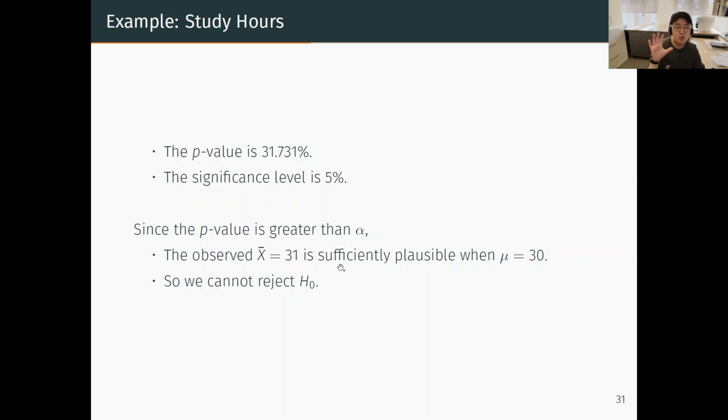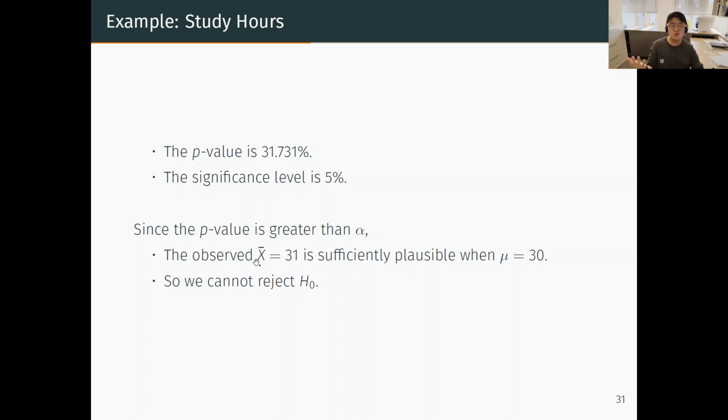In the end, we compare the p-value versus the significance level alpha. If the p-value is greater than alpha, then our interpretation is that our observation is not that suspicious. It's not that unlikely. It's not that different from the hypothesis.